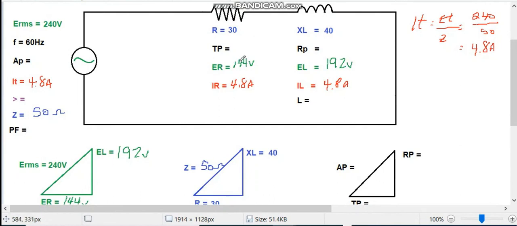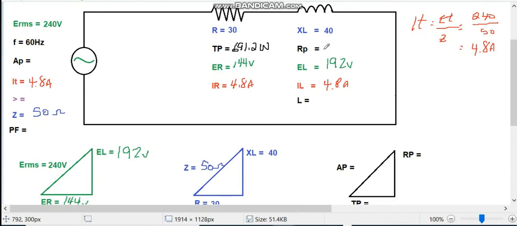And just using Ohm's law, I can say P, true power, equals E times I. So I got 144 times 4.8 amps, gives me 691.2. And because it's true power, it's watts.